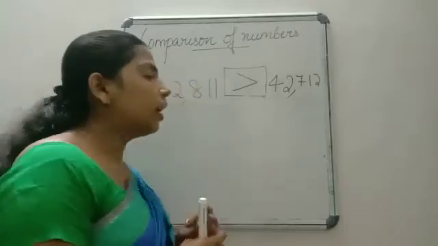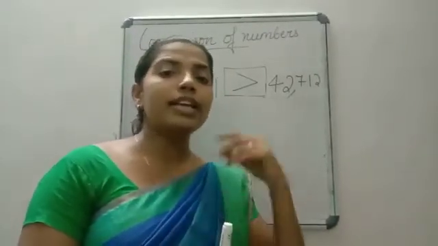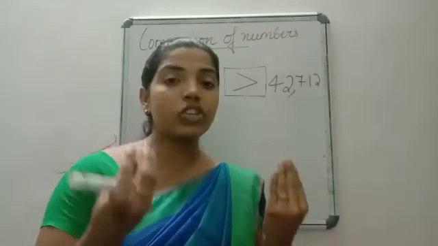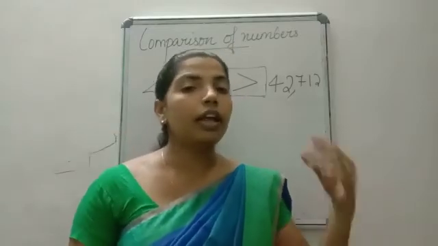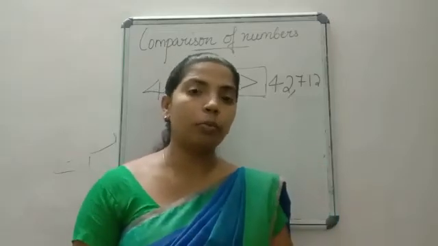Okay, then suppose the first digit is also the same, then move to the second digit, and the number which has the greater second digit will be the greatest number. And likewise you have to move.